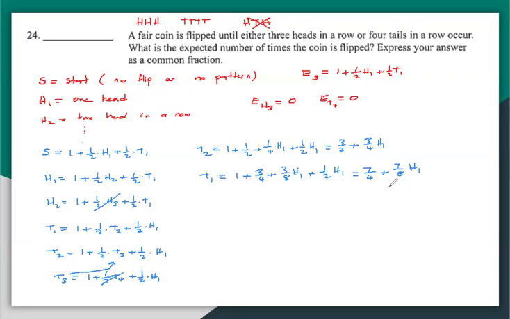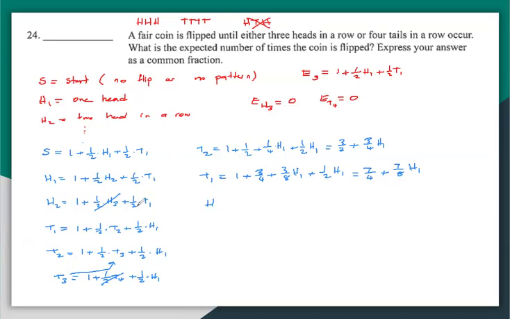Now I want to plug this into the equation for H2, because H2 is what we need as well. H2 is equal to 1 plus 1/2 T1. We know T1, so I can plug into H2.